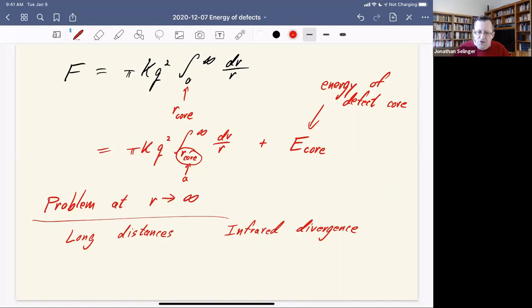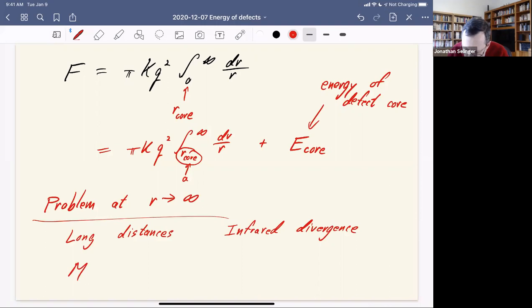We don't just have a distortion concentrated at the defect core. It dies out gradually as you go to longer and longer distances, but it doesn't die out rapidly enough. It still persists enough to get an integral which diverges. So we can't really take the integral to infinity. But that's okay, because the experiment isn't infinitely big anyway. The experiment has some maximum size.